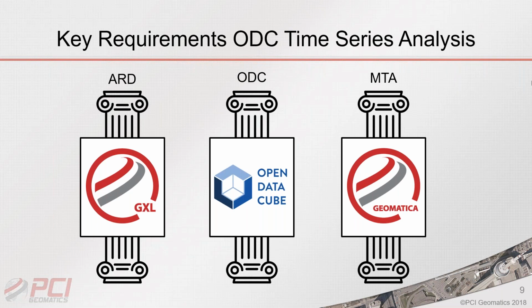And if we add the temporal element to that, so a large geospatial area over many, many years, so 20, 30 years of data that's been collected by some satellites in some cases, then that's a problem that's custom made for a large volume production system, which is our GXL system. The Open Data Cube is in the middle, as we see, and then on the right, multi-temporal analysis through Geomatica prototyping.